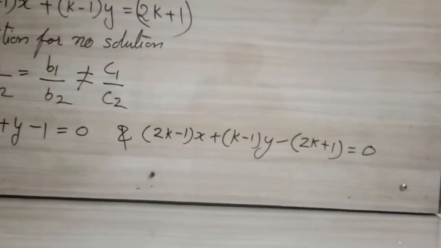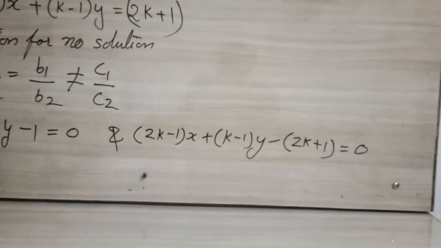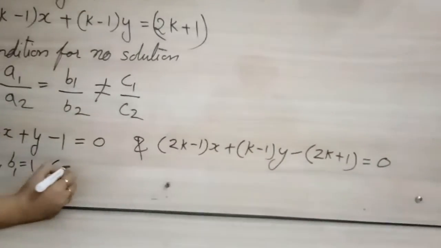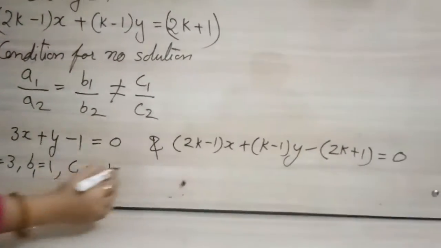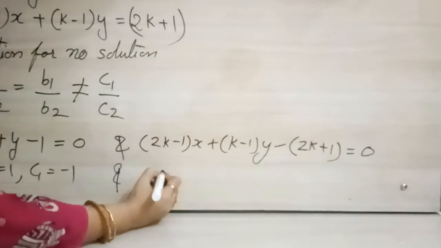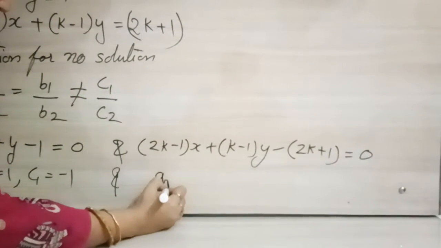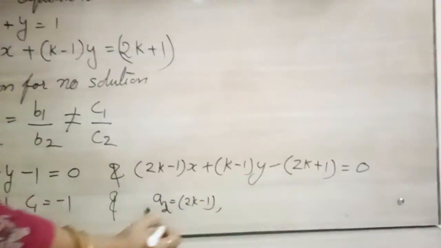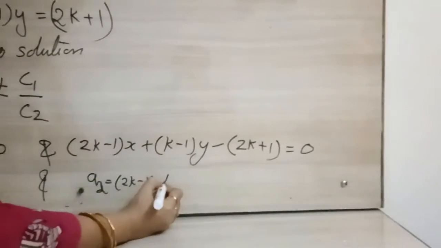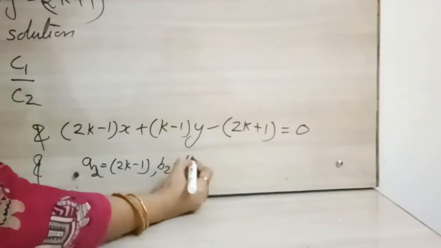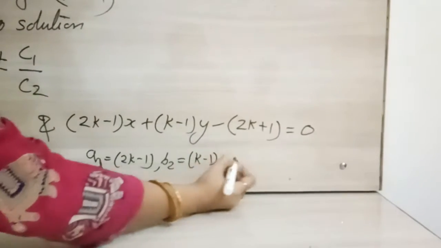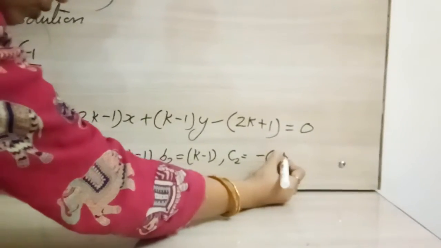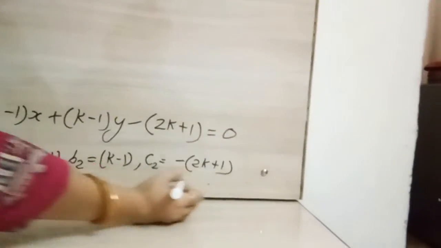So here I know that a1 is equal to 3, b1 nothing is written there, so we will consider 1, and c1 will come minus 1 along with the sign. Similarly, a2 will be equal to 2k minus 1, b2 will be equal to k minus 1, and c2 along with the sign will come 2k plus 1.